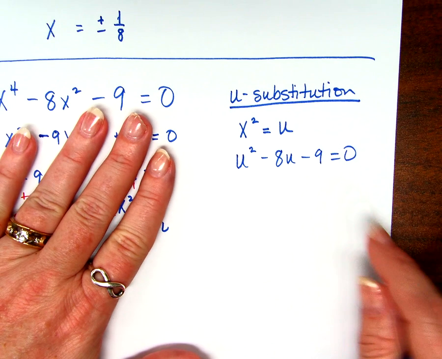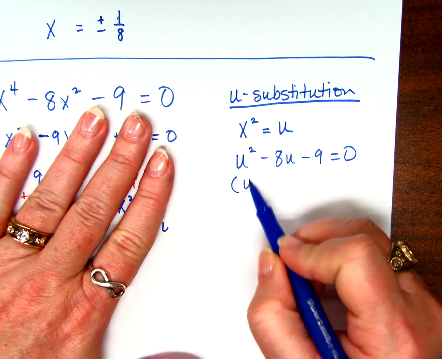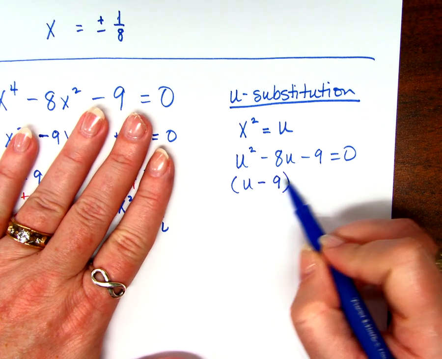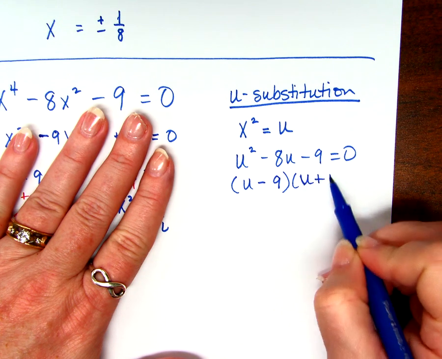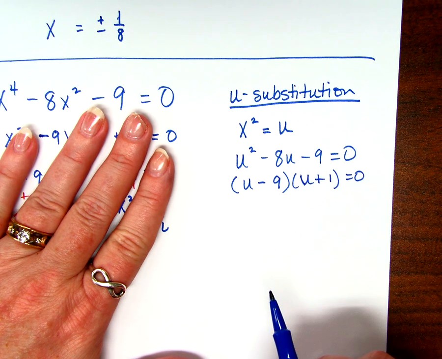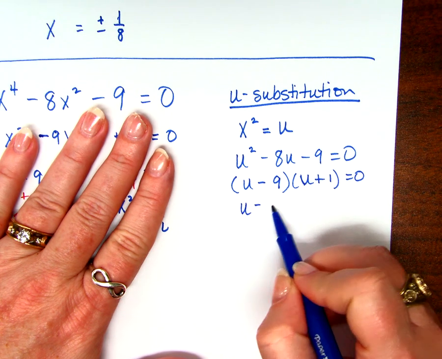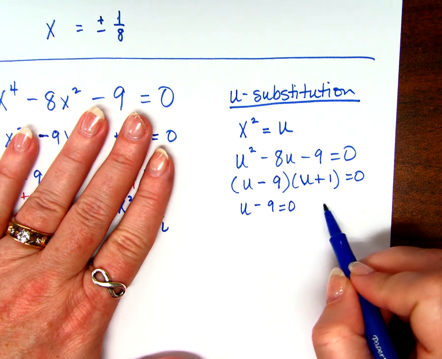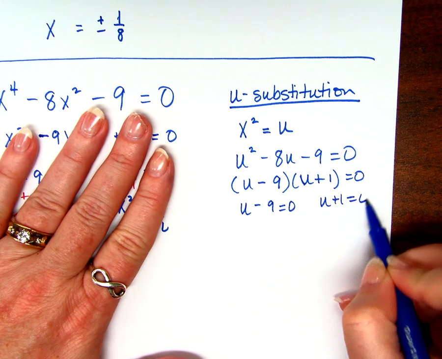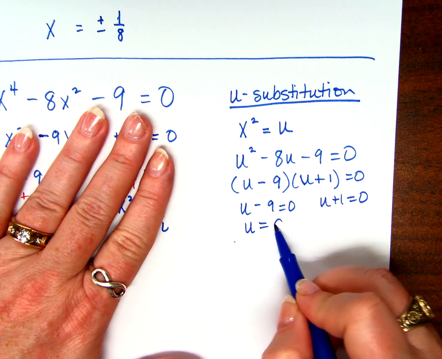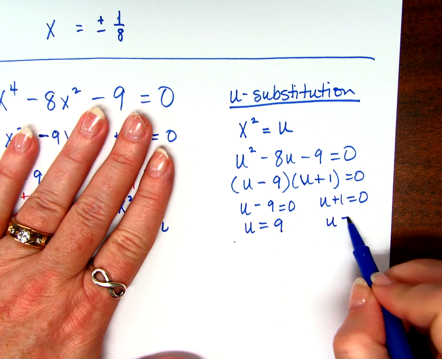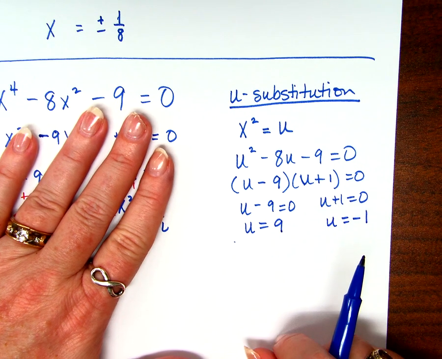Well, again, that's a quadratic, and I can easily solve that with u minus 9 and u plus 1. Set each of them equal to 0 and get u equals 9 and u equals negative 1, right?